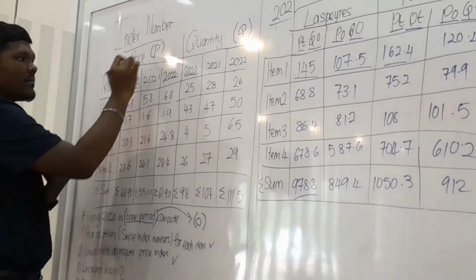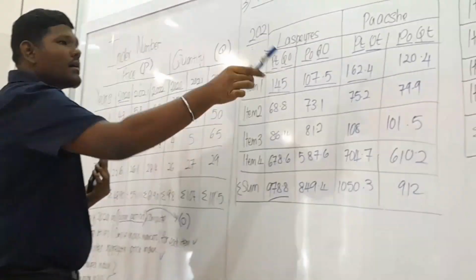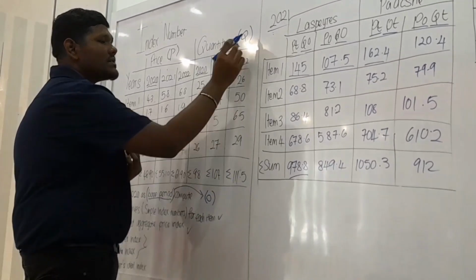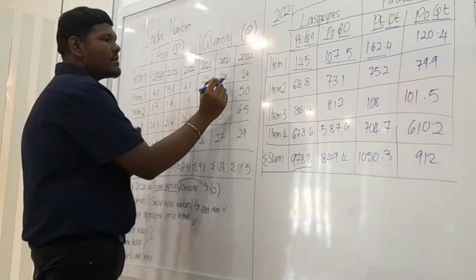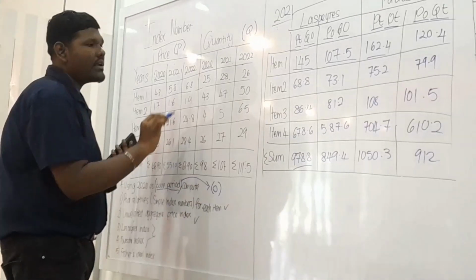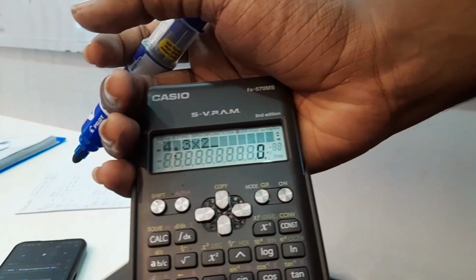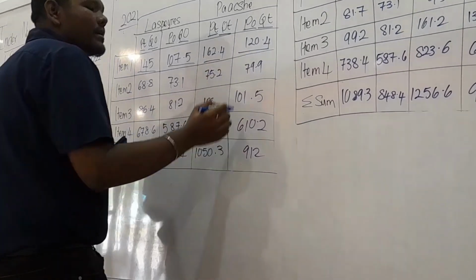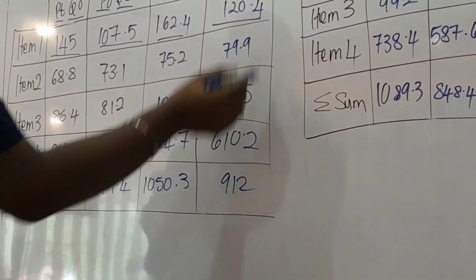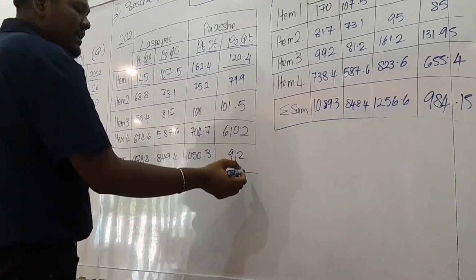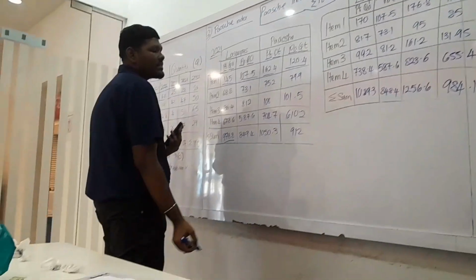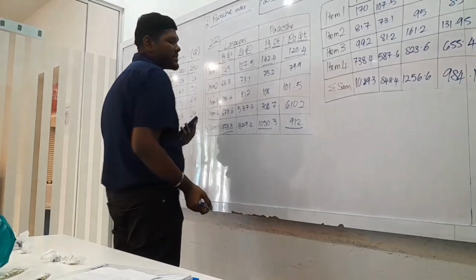So this is P0, and Qn means quantity in current year 28. So 4.3 times 28 equals 120.4. Do the same and add everything in sum, and then you will get the answer for both sums.